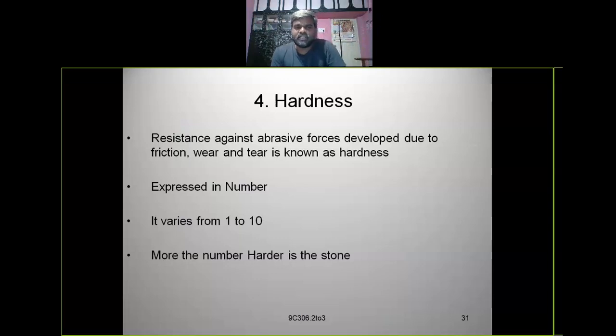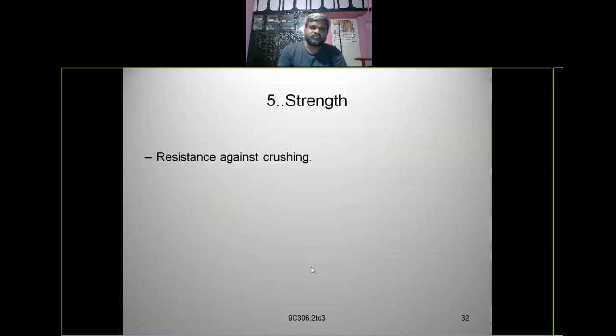It is expressed as a number and can be found out from the impact test. It varies from 1 to 10. This value is given in the standards, and the higher the number, the harder the stone.